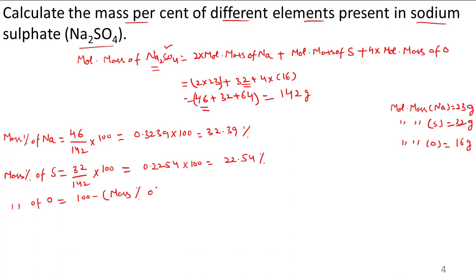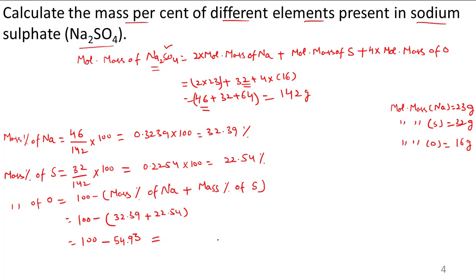Now mass percent of oxygen we can calculate as 100 minus the mass percent of sodium plus the mass percent of sulfur. So it is 100 minus 32.39 plus 22.54. Adding these, we get 54.93.